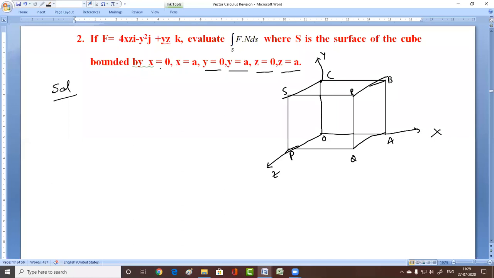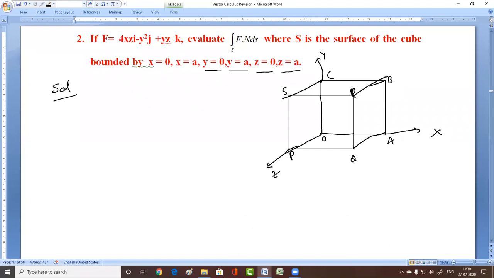X equals 0 means where is x equals 0? In the YZ plane, this side. OCSP, X equals A. Now this is a plane ABRQ. And Y equals 0, Y equals A. So in total 6 surfaces are there. We will find the surface integral for 6 surfaces.